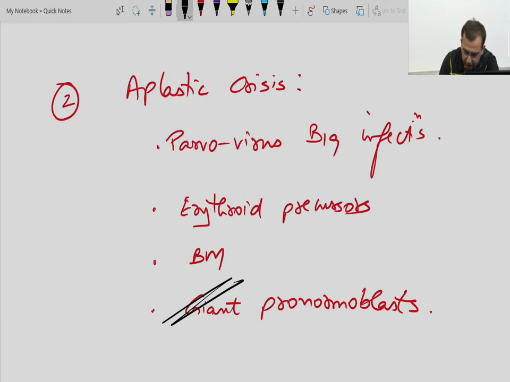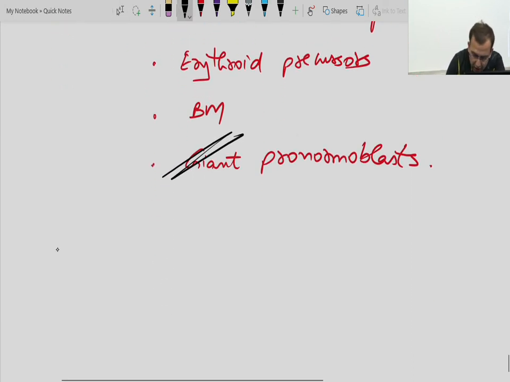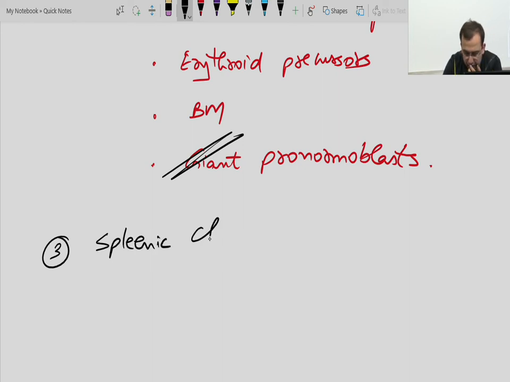Next, the next set of clinical features are the splenic changes. This you very well know.